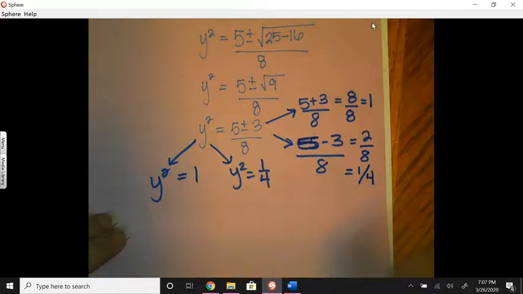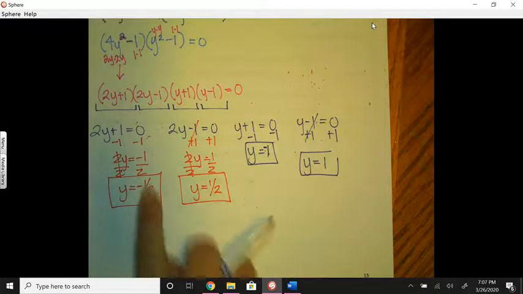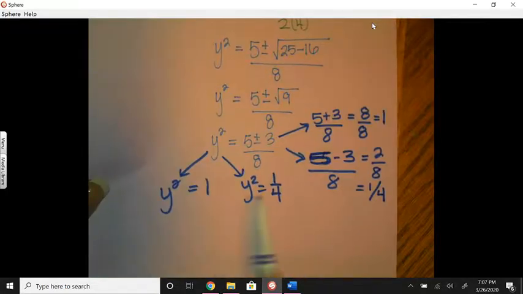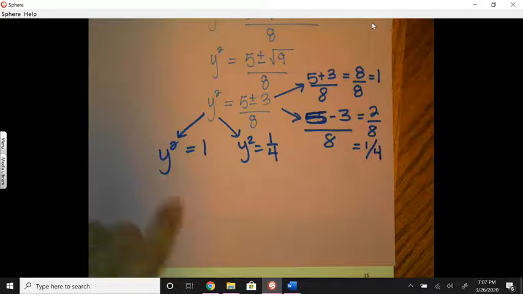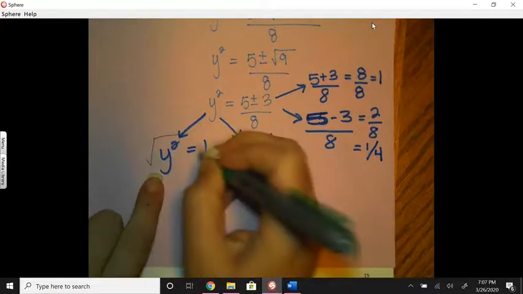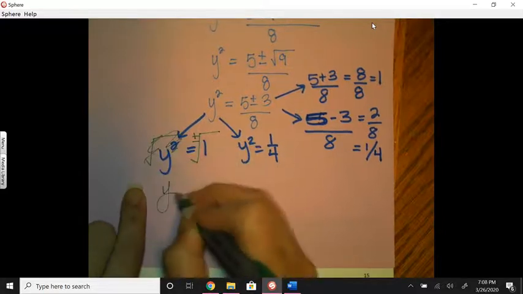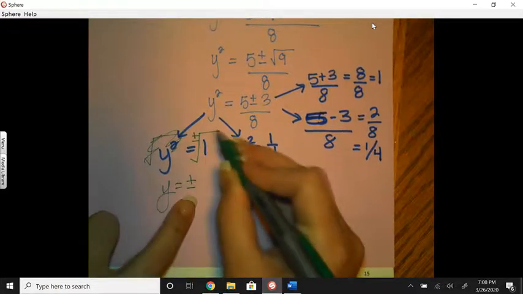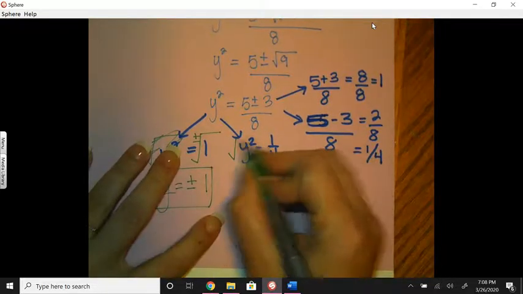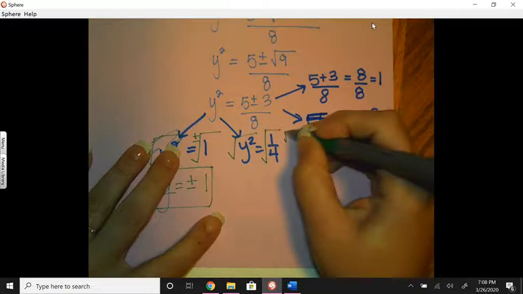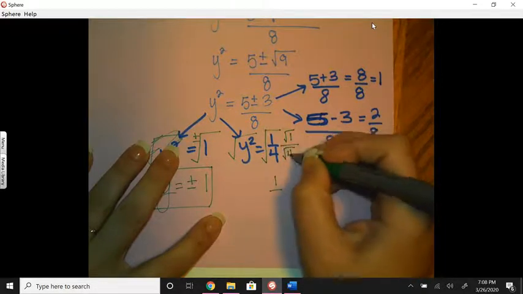Okay, so remember our answers we got: 1, negative 1, 1/2, and negative 1/2. If we stop there, clearly that is not 4 answers. So that's why we're going to square root both sides. That would make the square go away. And we get plus or minus the square root of 1, which is 1. So that's 2 answers. And if we square root 1/4, the square root of 1 is 1 and the square root of 4 is 2.